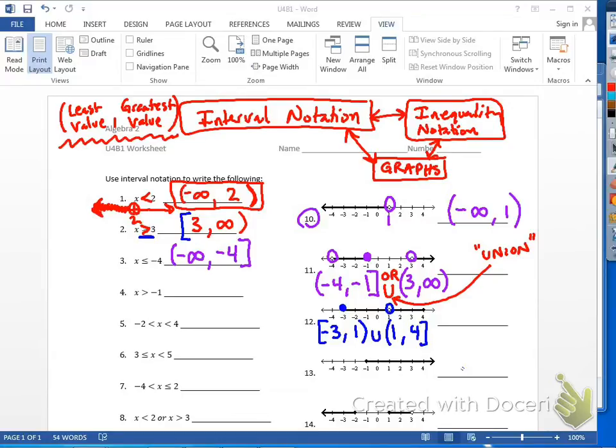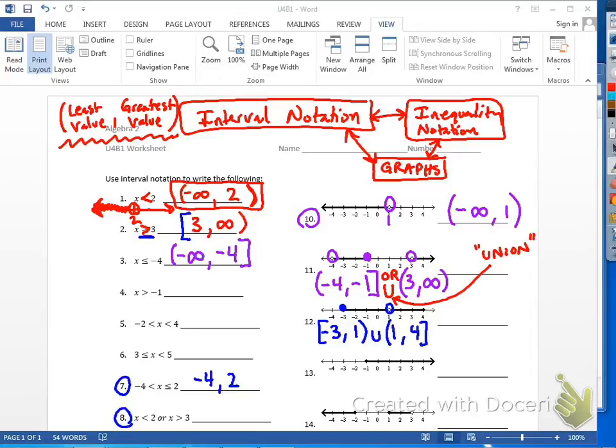So, lastly, let's jump down here to number 7 and 8 right now. This goes from -4 to +2. What this means is -4 is less than x is less than or equal to +2.